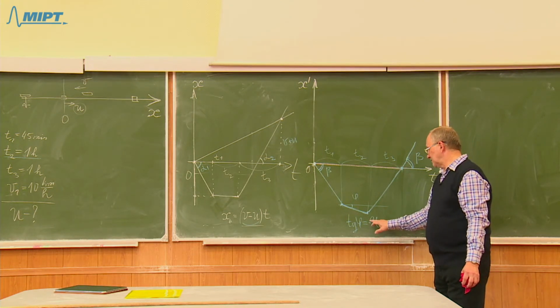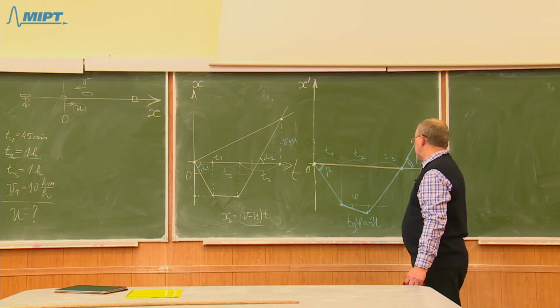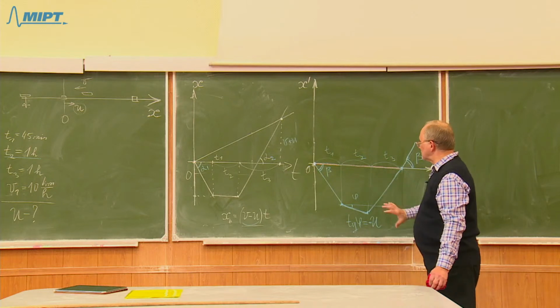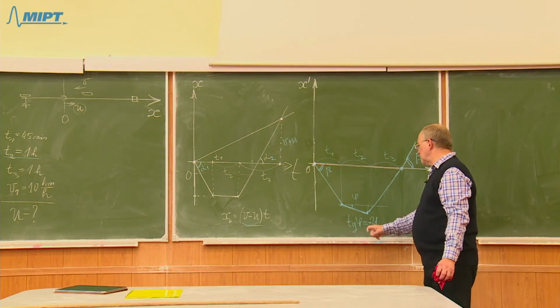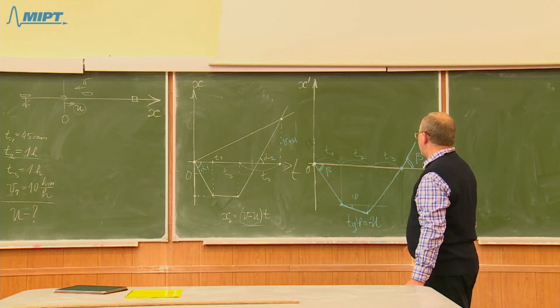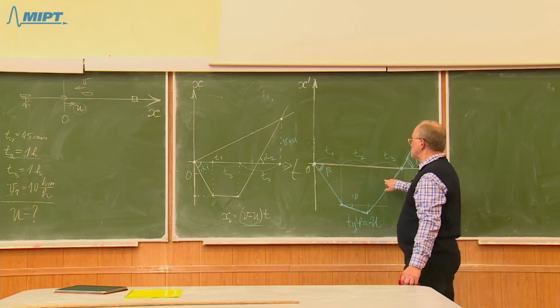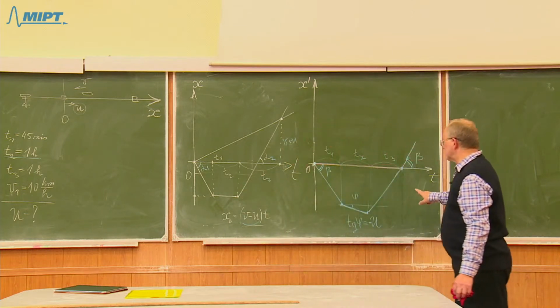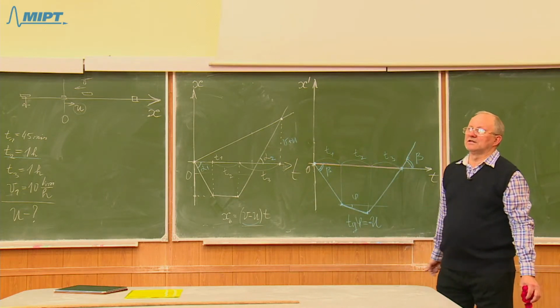So please think about it at home. It's not a complicated problem. It's easy to use this graph to find the river flow speed. And it's easier to use this graph than the previous one. It's much easier. It will immediately give you the answer.